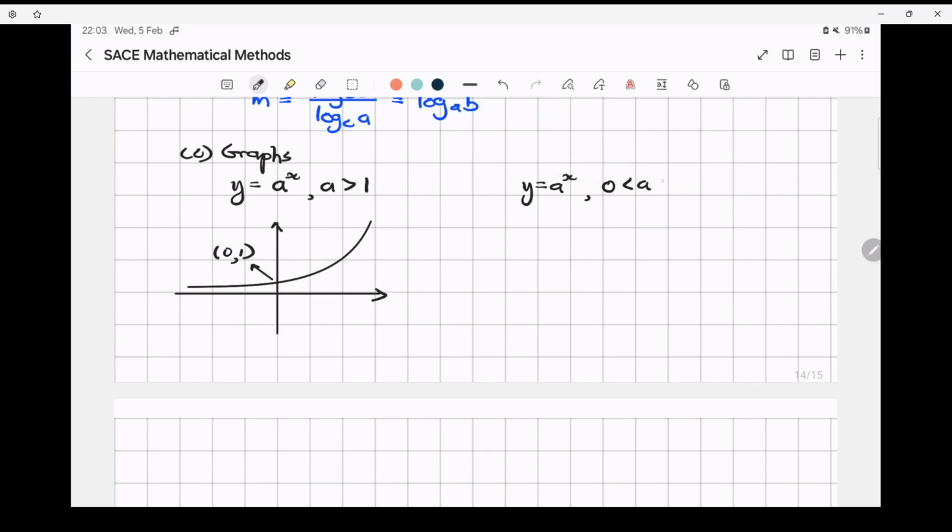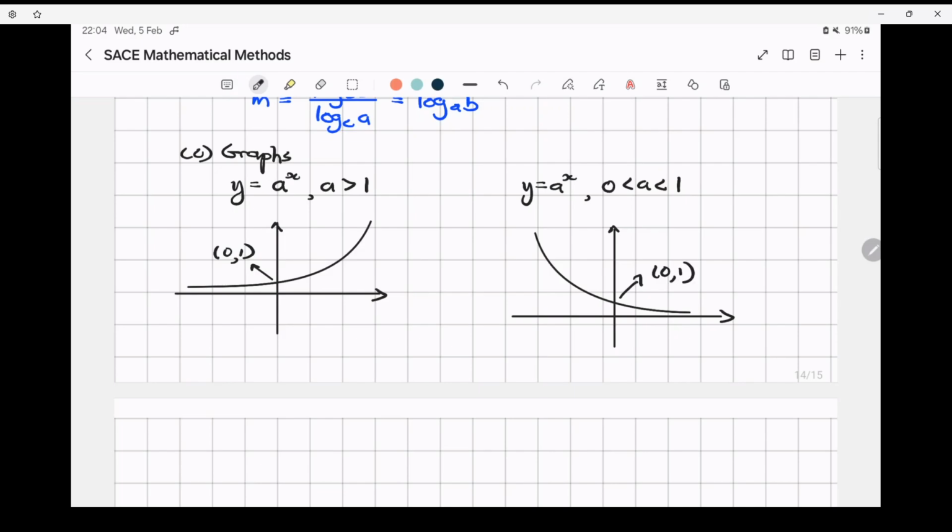Then what you need to do is to mirror it with respect to your y-axis, like that. Over here, this is also (0, 1).